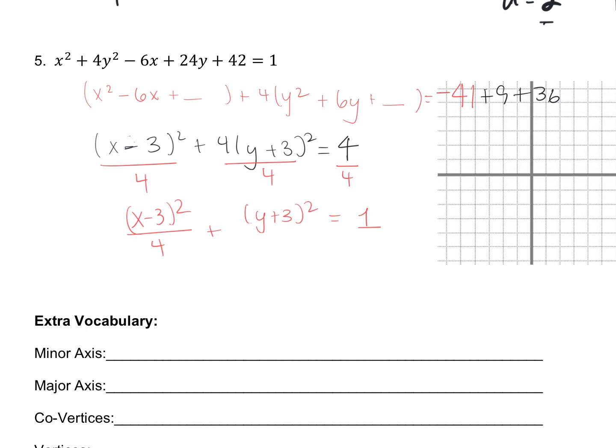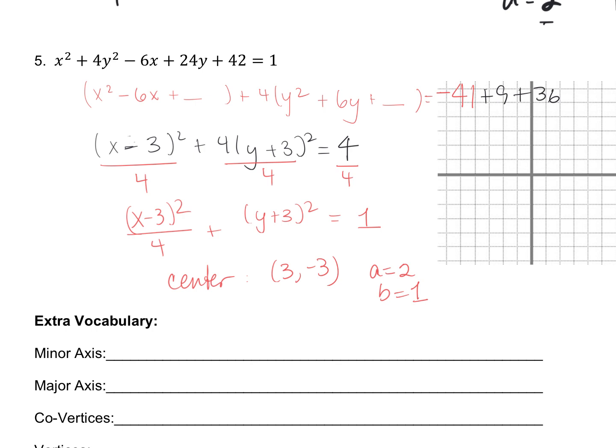Okay, what is the center? Okay, so my center is, I got 3, negative 3. And then what is your A? 2. 2, and B equals 1. Any questions so far? Good.